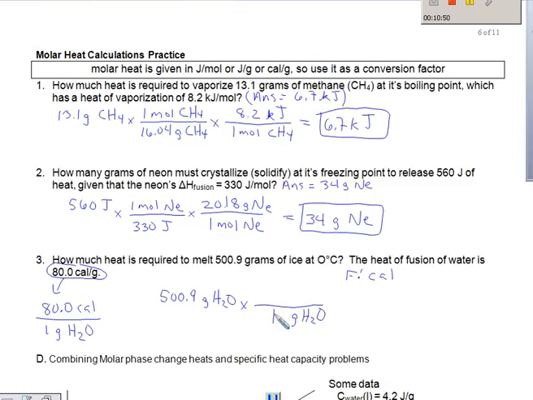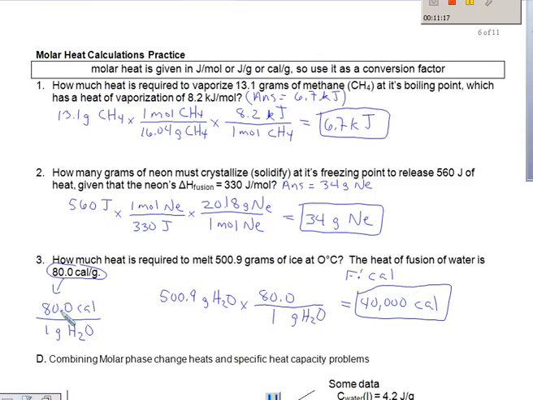So for every 1 gram of H2O, we have 80.0 calories. So if we go ahead and work this out and solve it to the correct number of significant figures, we're going to have 40,000 calories. Go ahead and put a box around it so that I know you're done.